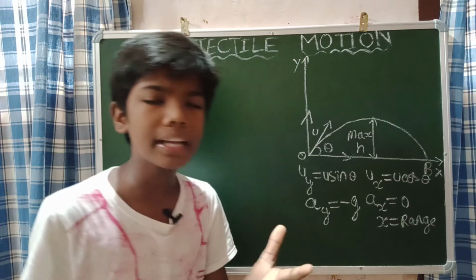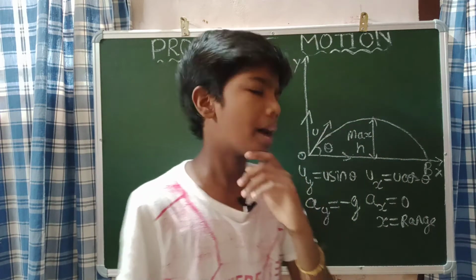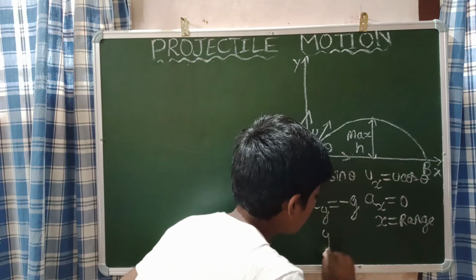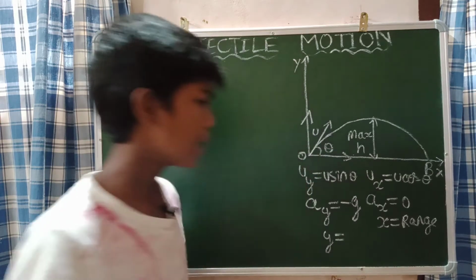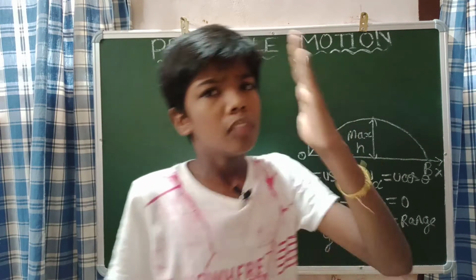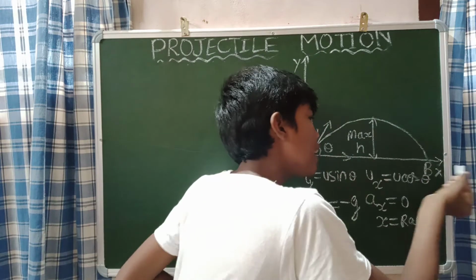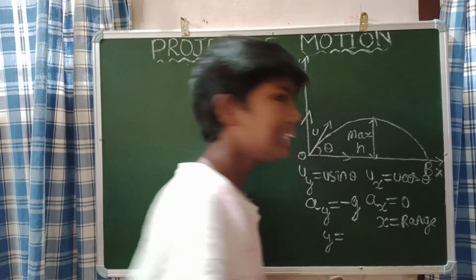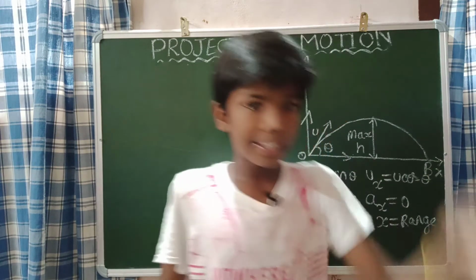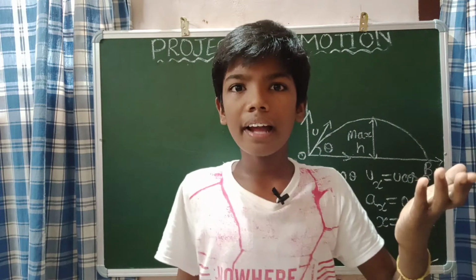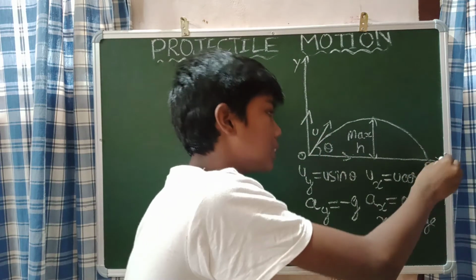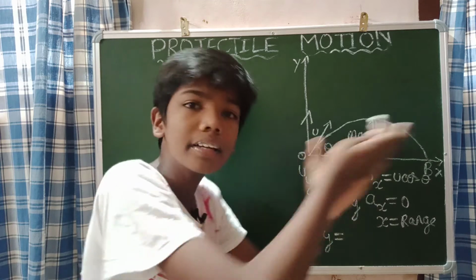Our next parameter is the y displacement covered by that particle. What will be the y displacement covered by that particle? Think well on it. If we find the y coordinate of this position B, we can find the y displacement for the entire motion.